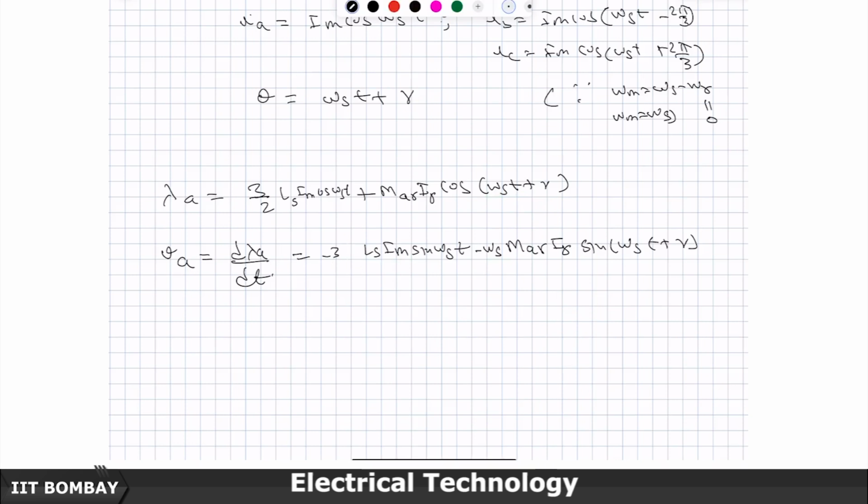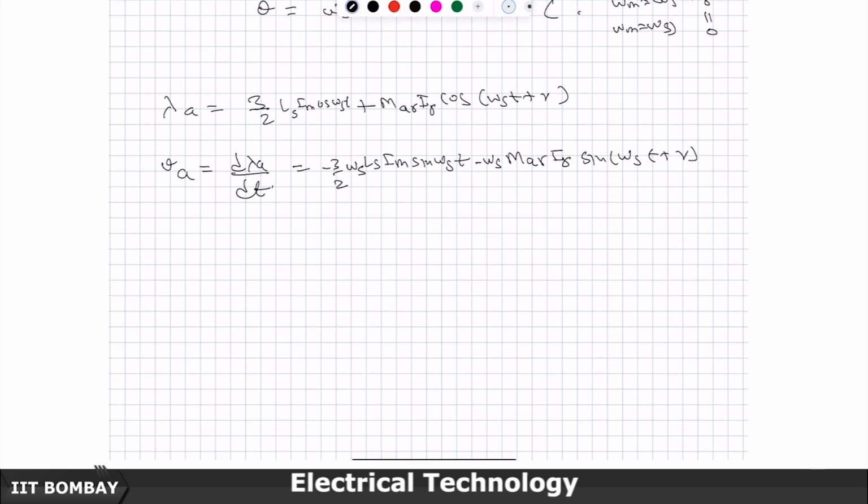So, this will be minus 3 by 2 omega s Ls Im sine of omega s t minus omega s MAR IR sine of omega s t plus gamma, which I can further write as 3 by 2 omega s Ls Im cos of omega s t plus pi by 2, because cos of theta plus pi by 2 is minus sin theta.